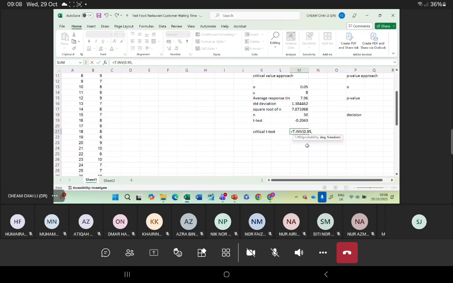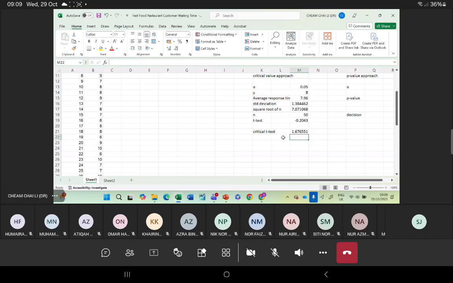And degrees of freedom now is 50 minus 1, so you have 49. Okay, so this is your critical test statistic, 1.67. Now you compare your test statistic with the critical value. You take the absolute value of this one, and you still find that the test statistic is smaller than the critical value. Therefore, the decision here is do not reject H0. Right? You do not reject H0.